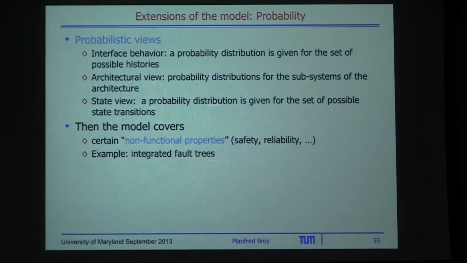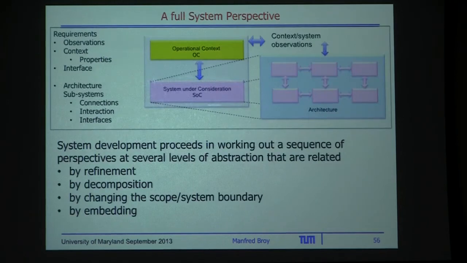And this can be extended to the probabilistic views. What I have introduced so far, which I have explained at the discrete level, can also be done at the probabilistic level. And then we can go over to non-functional properties like safety and reliability, which can nicely be expressed in the probabilistic views.